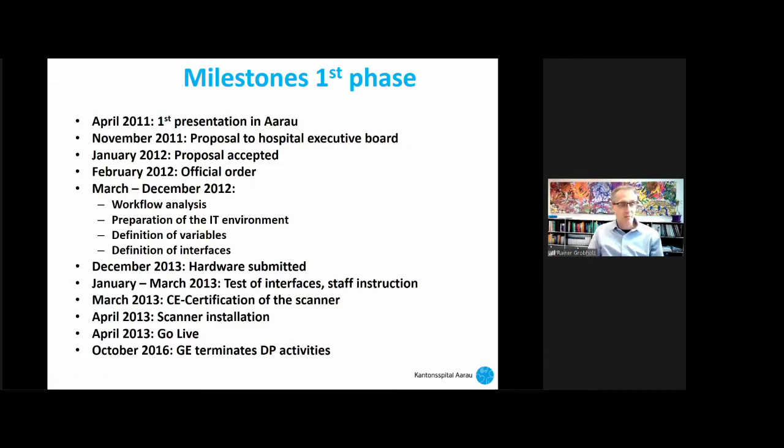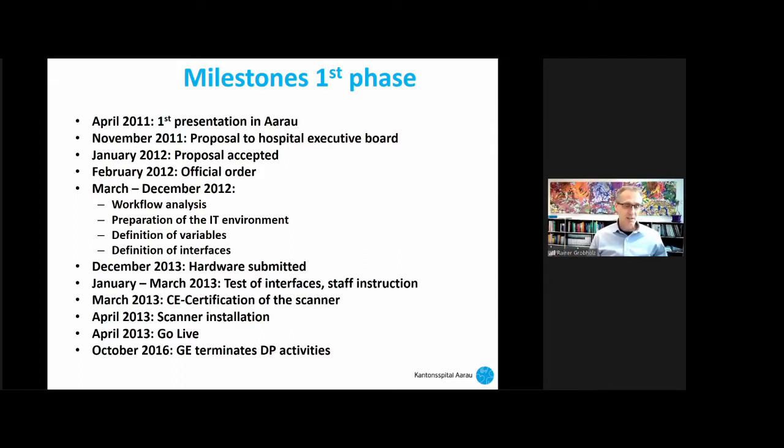I was really surprised that we had such a lot of workflow analysis to do and questions to be answered we had never been asked before, really to see what we wanted with that. And the big shock came in 2016. We had started with a big company like GE in order to have some advantages of the PACS platform we also have for radiology.